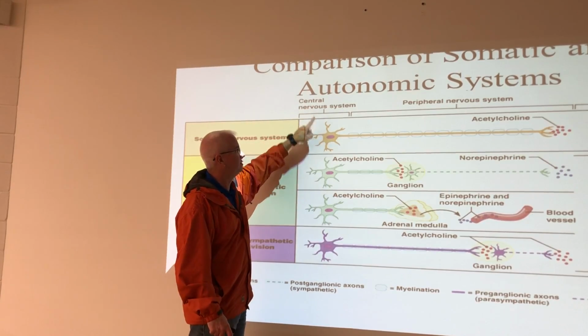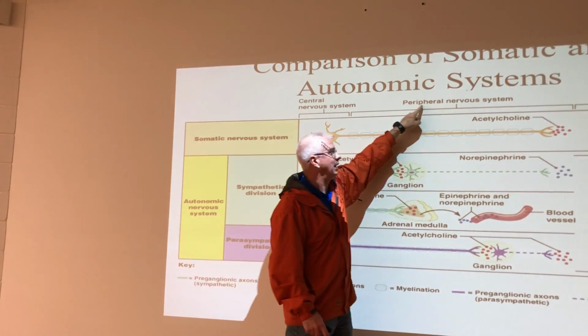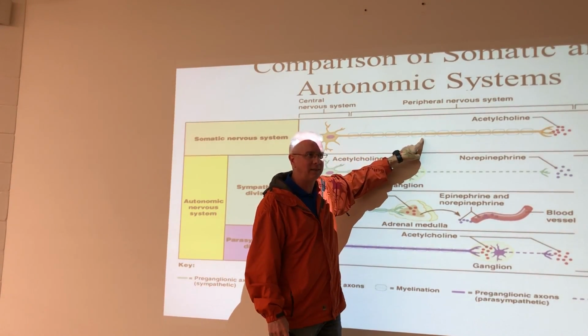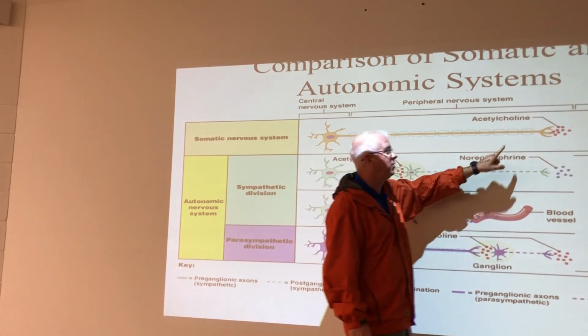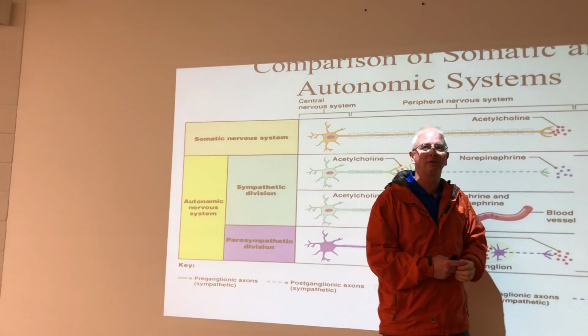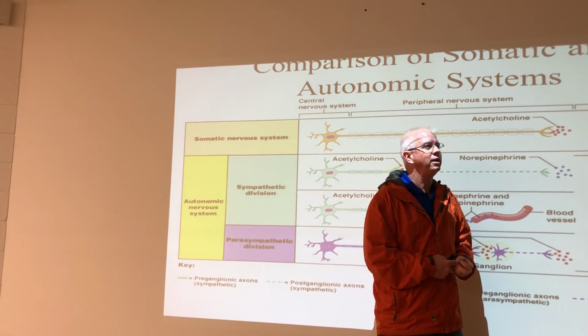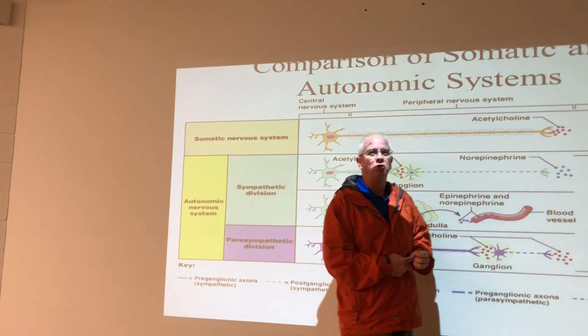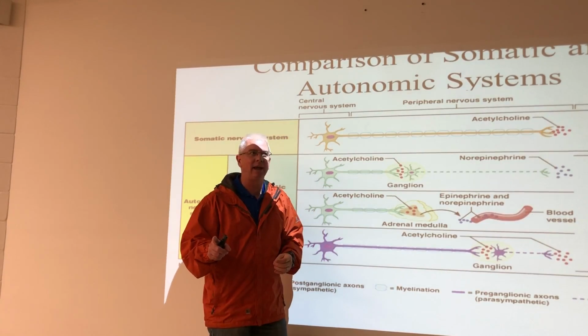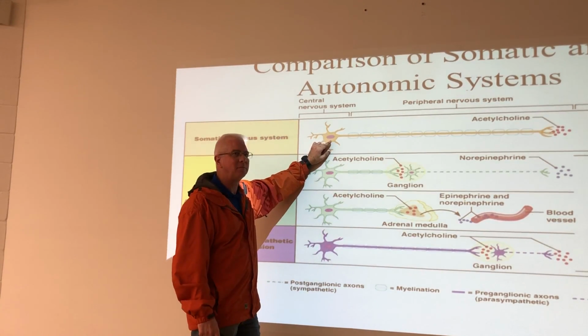It includes cell bodies in the central nervous system and axons that are part of spinal nerves in the peripheral nervous system. All things that you knew. Now notice the chemical that is released is called acetylcholine, but you should be able to do better than that, right? You guys should be able to now say, that's a motor neuron.